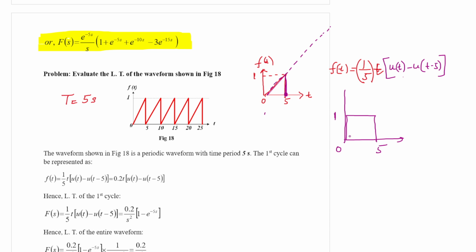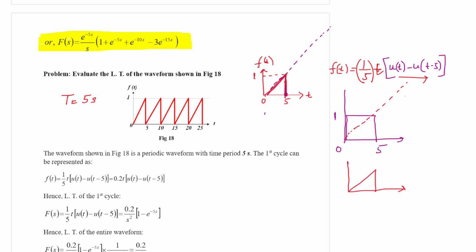Now if you have a ramp signal like this, and you multiply this ramp signal 1 by 5 into t by this gate signal, the result will be like this. So you must multiply 1 by 5 t with this gate signal to have this shape. Otherwise it will continue.